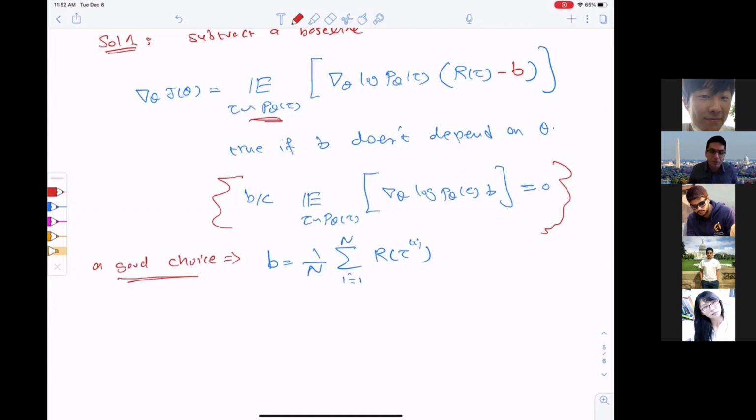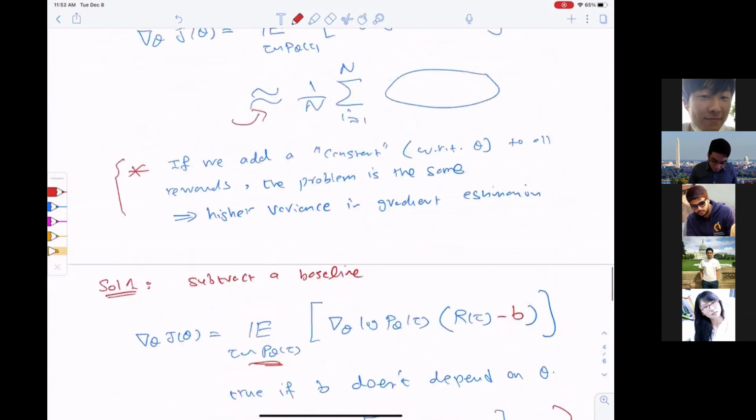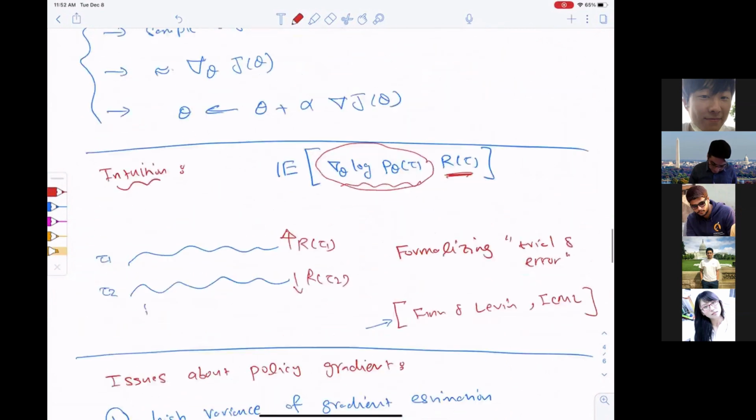There's a question: could you explain again why the intuition is that higher rewards get higher probability? Right, so here your log probabilities are multiplied by the reward. So if the reward is higher, the log probabilities, and log is a monotonically increasing function, will have a higher contribution to your gradient.